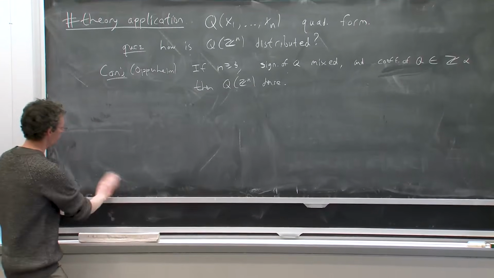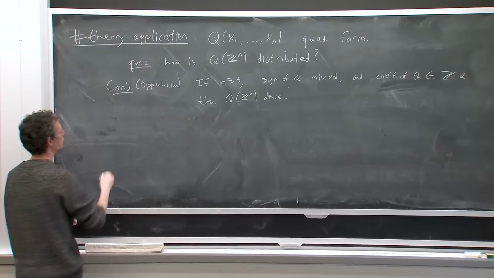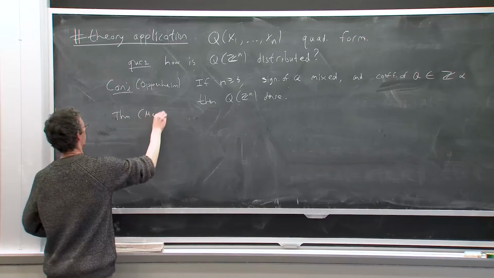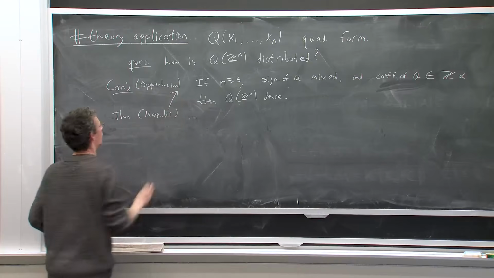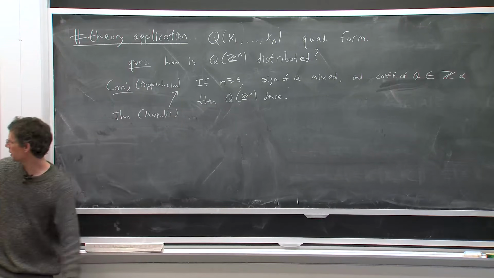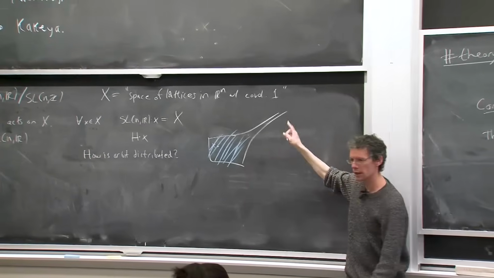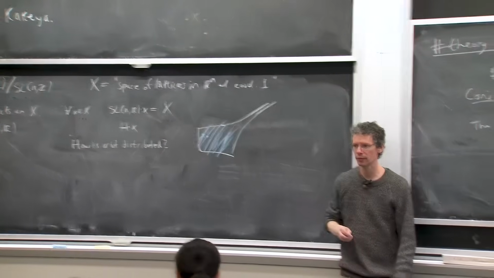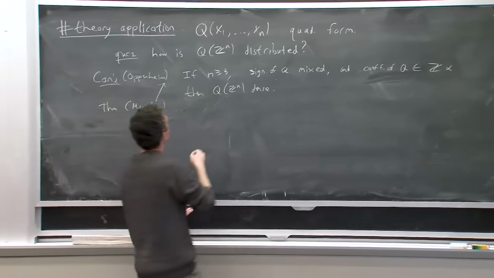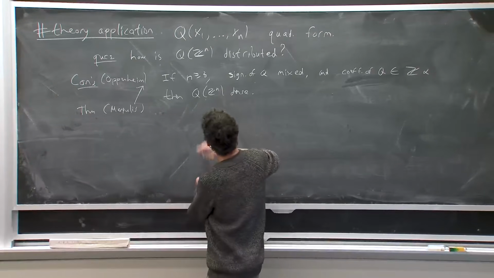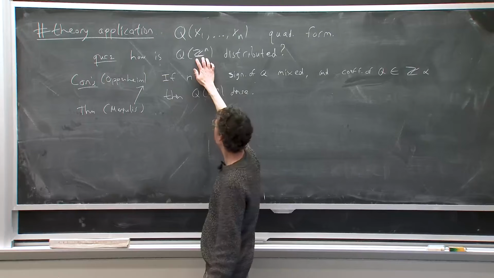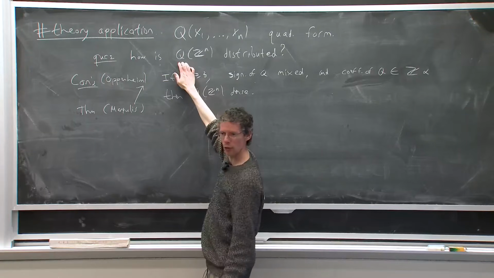OK. So this conjecture was proven by Margulis. And his proof involved connecting this problem to this setup of an orbit in the space of lattices. So how does the connection go? Well, the way I've written it right now, I have the standard lattice, Z^n, and I have some obscure quadratic form.